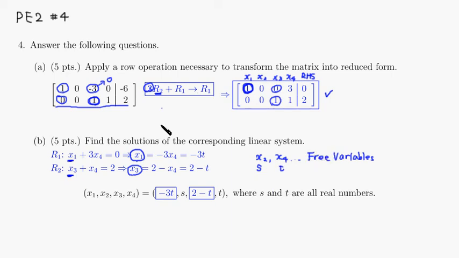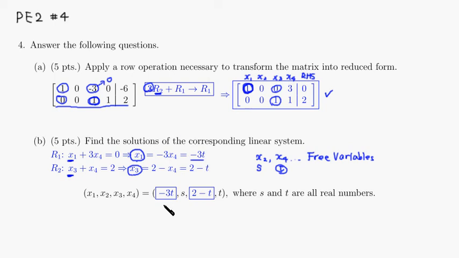Since x1 has to be -3 times x4, and x4 now has a value of t, -3x4 is -3t. In the same way, x3 is 2 minus x4, so we can write it as 2 minus t.